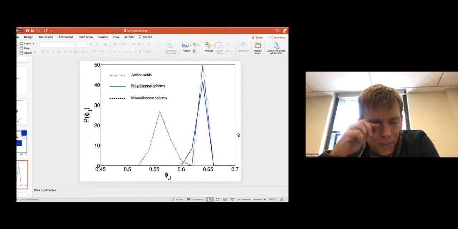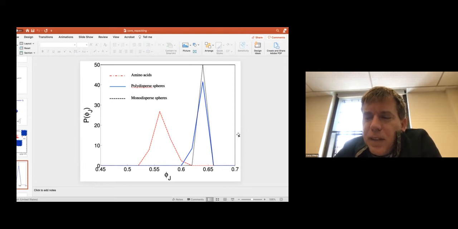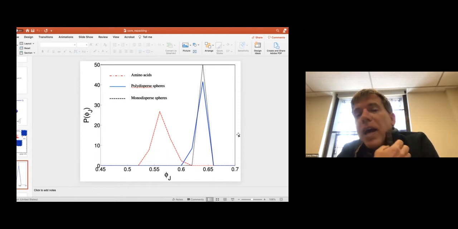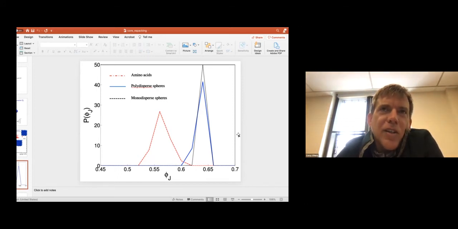What you can do is consider that all the atoms have different sizes. Sulfur is the biggest, carbon is fairly big, but hydrogen is small. You can look at the range of atom sizes in the atoms that make up proteins, and then you can try to pack those. We did that for disconnected atoms. We looked at the exact size distribution and then the population distribution of those atoms, and we just packed them together, but said they're non-bonded.